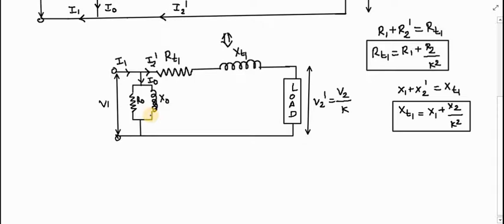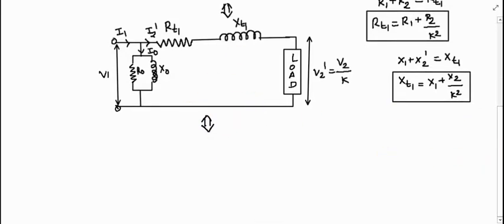So, I will now drop the shunt circuit from this approximate equivalent circuit, and we will substitute the primary current I1 for I2 dash directly. So let us draw this equivalent circuit again, further simplified by neglecting the shunt branch, which consists of your R0 and X0.